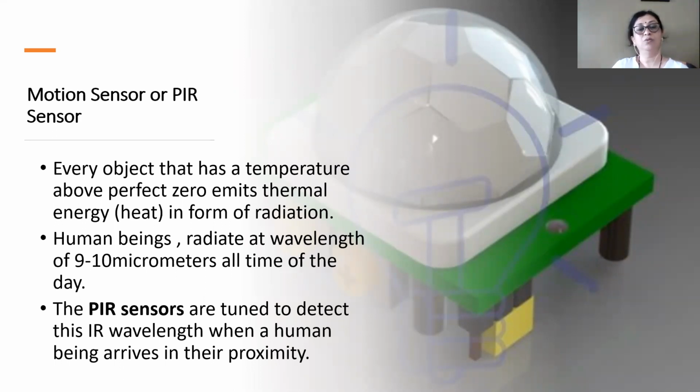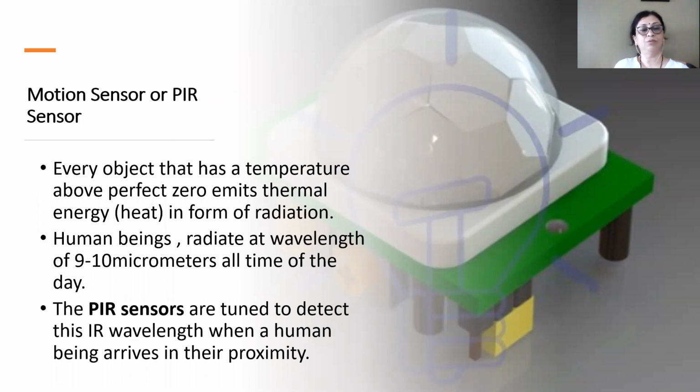These PIR sensors are tuned to detect infrared wavelengths. Generally, these are infrared wavelengths emitted by hot objects. Even animals emit heat and infrared waves, so even the presence of an animal can be detected with the help of a PIR sensor.